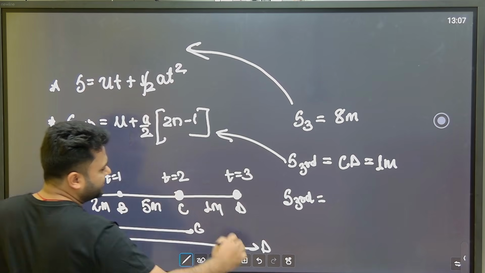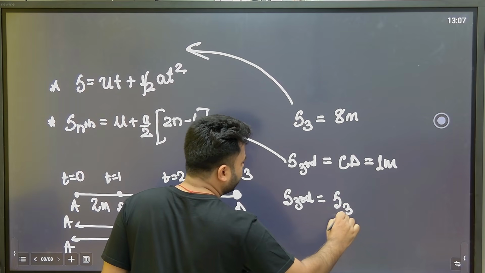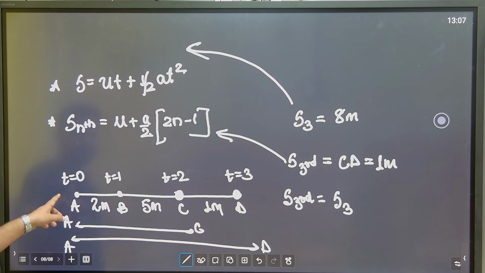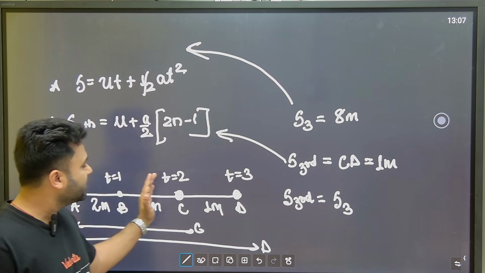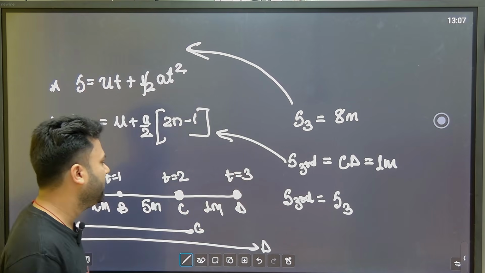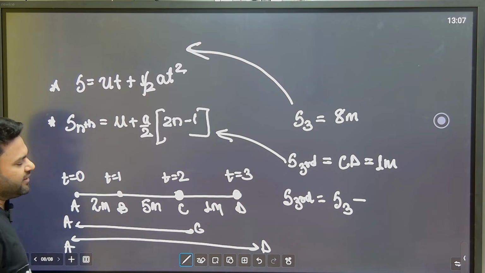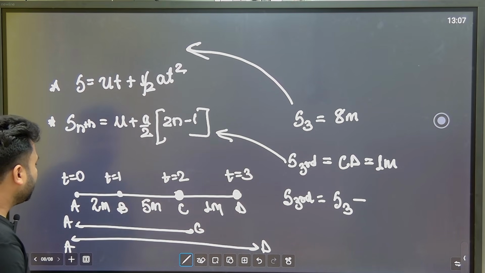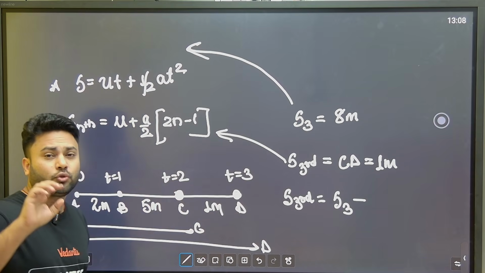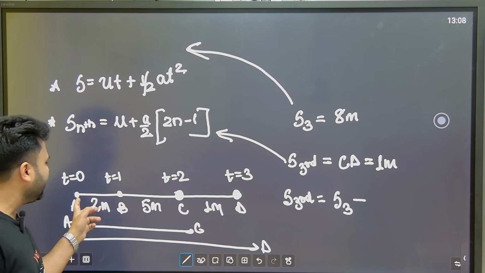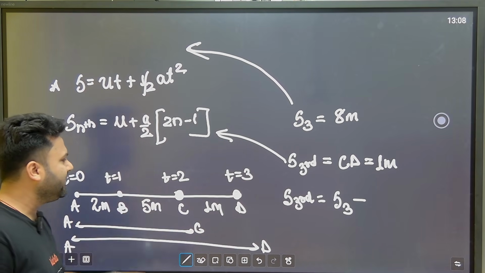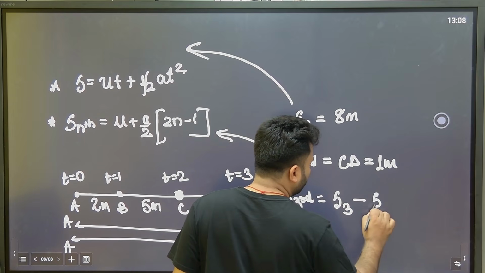It is the total distance covered in 3 seconds. AD, from A to D, total distance covered in 3 seconds. Minus AC. What is AC? What is the total distance covered in 2 seconds? At the end of 2 seconds, the body is here. So this is AC, distance covered in 2 seconds.